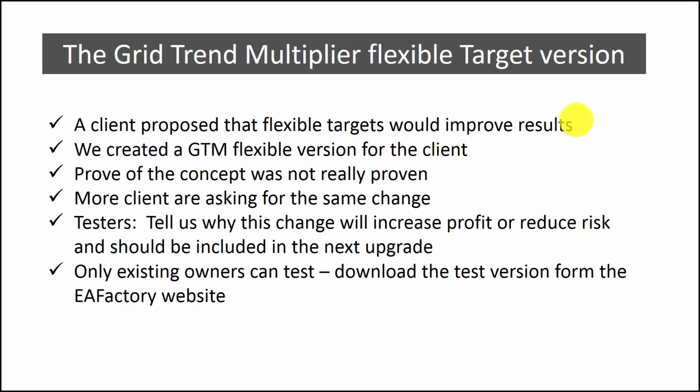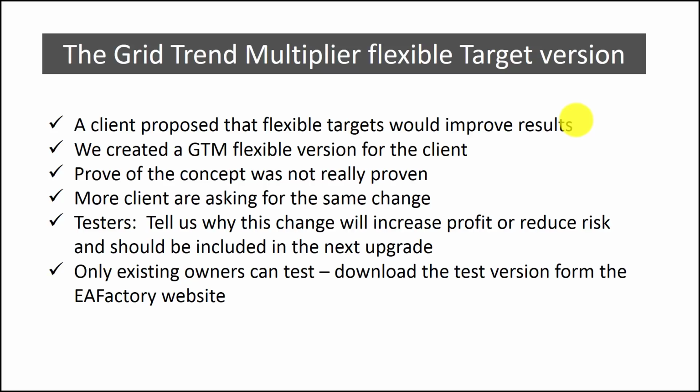Not sure about that. So the testers of this concept will tell us why this change should test in such a way that the change should be motivated by either an increase in profit or a reduction of risk. Reduction of risk is also a good way of motivating for a change in an EA, and we'll then consider whether this should go into the next upgrade.